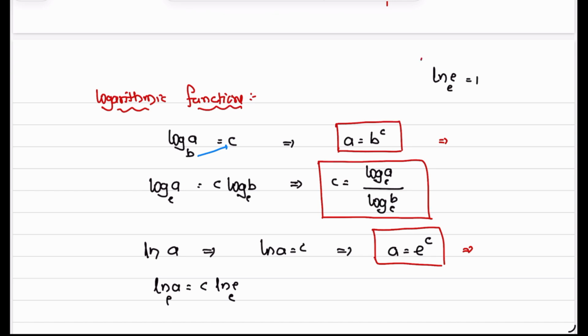These are all the things which you have studied in your previous elementary mathematics classes. That means a logarithm value to the same base is equal to 1. log A to the base A is equal to 1. Please remember this.